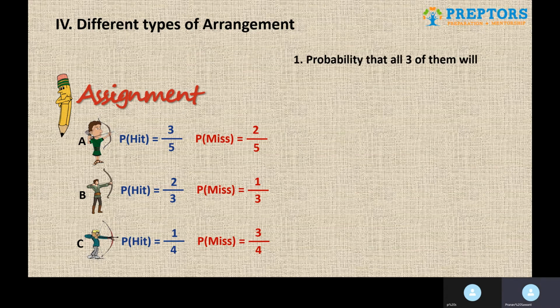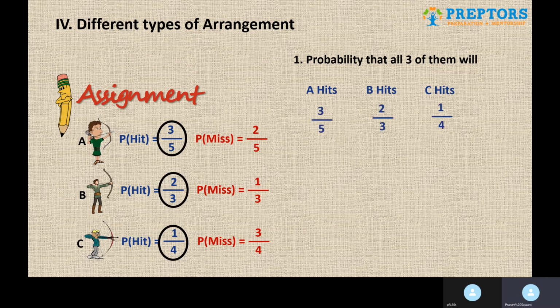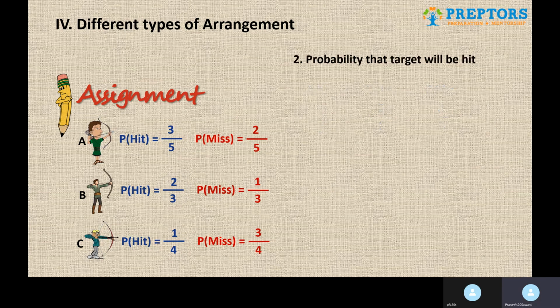So probability that all 3 of them will hit: A hits, B hits, C hits. So 3 by 5 into 2 by 3 into 1 by 4. That is 1 by 10. Moving to the next question. Probability that the target will be hit by at least 1.